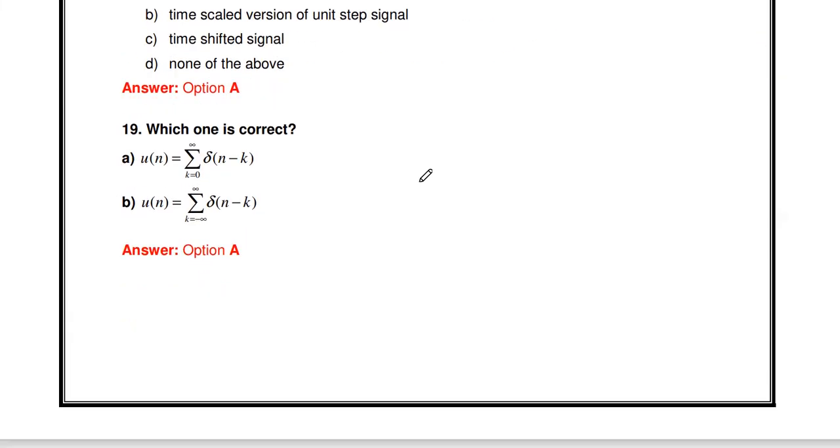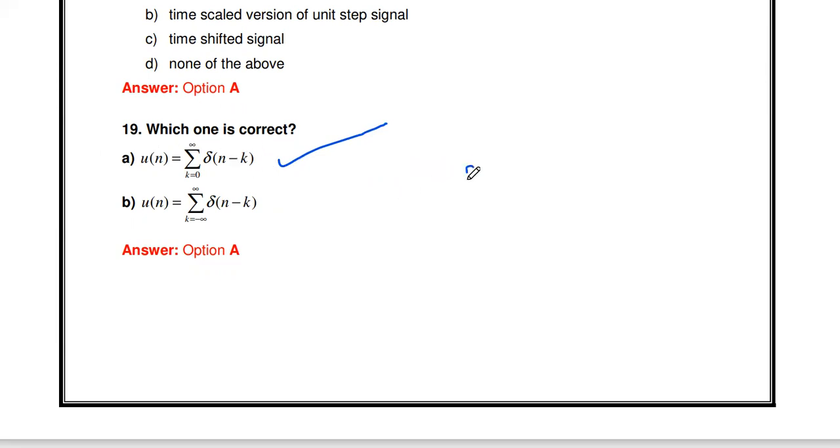Okay, then the next one, which one is correct? Of these two, the unit step u of n equals summation k equal to 0 to infinity of del of n minus k, or k equal to minus infinity to infinity of del of n minus k. The first one is correct. This is one more relation between the unit step and impulse.